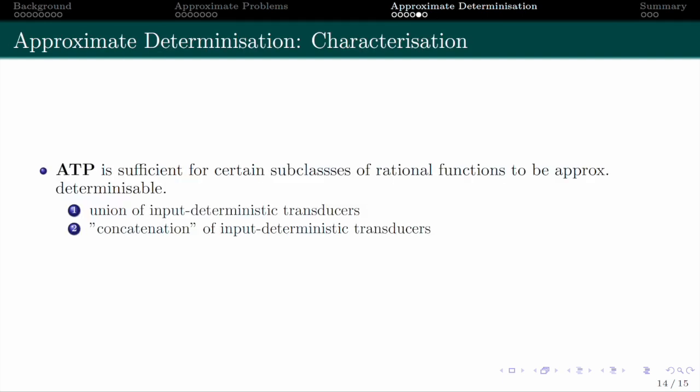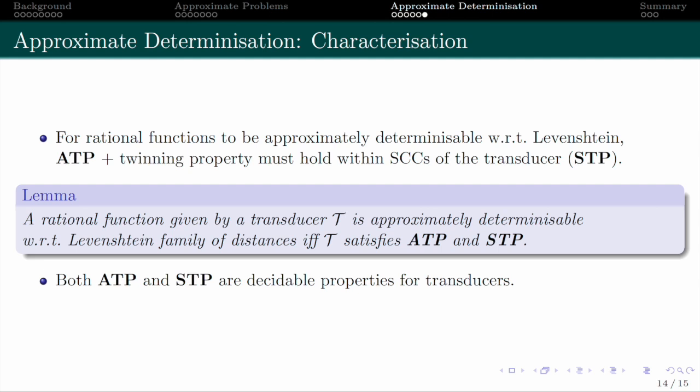However, ATP is sufficient only for certain subclasses of rational functions to be approximately determinizable, like unions of input deterministic transducers or certain kinds of concatenation of input deterministic transducers. Now, for rational functions to be approximately determinizable with respect to Levenshtein, along with ATP, you also need a strongly connected twinning property.